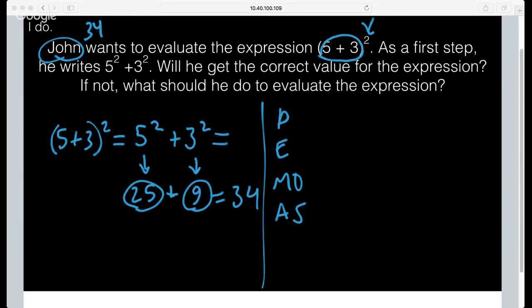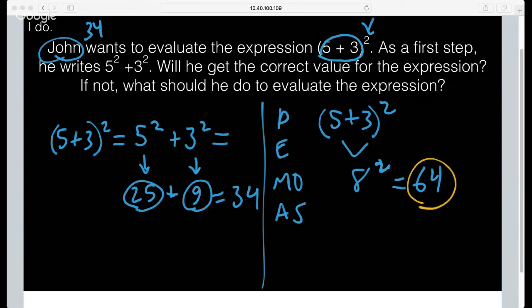So parentheses first, that would be 8. And so we're left with 8 squared, which is 8 times 8, which is 64. So we got 64. John got 34. We both cannot be correct.